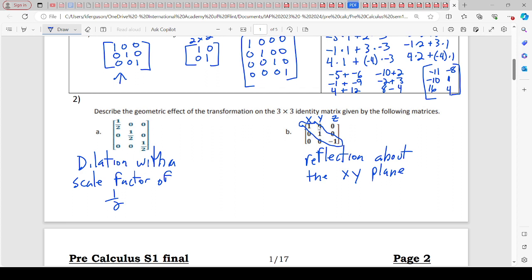So if the first one was negative, the X was negative, it'd be a reflection about the YZ plane.